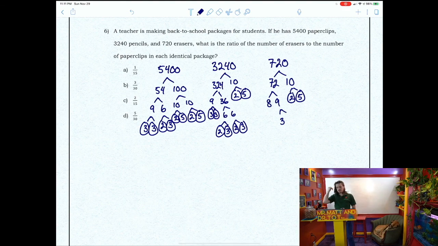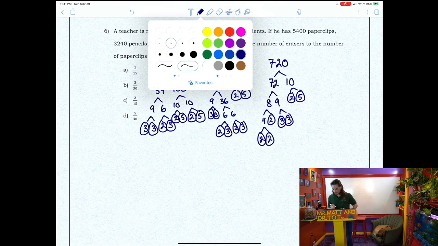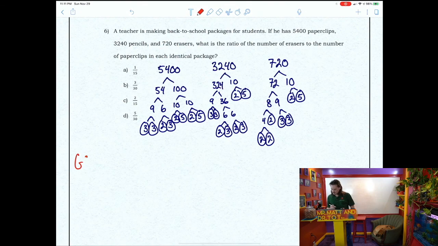So if we solve for the GCF here, we're going to take each factor the least number of times it occurs in any one factorization. So starting with 2, 2 occurs 3 times in 5400. 2 occurs 3 times in 3240.